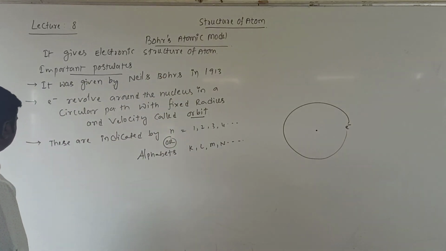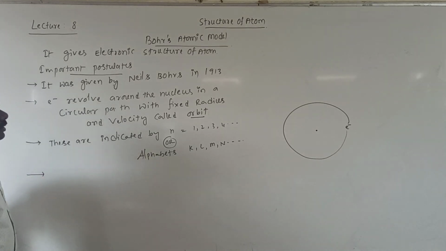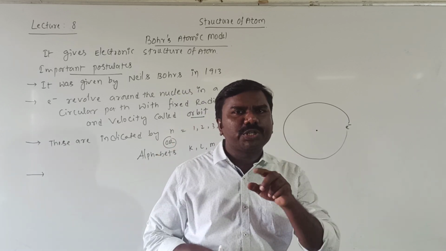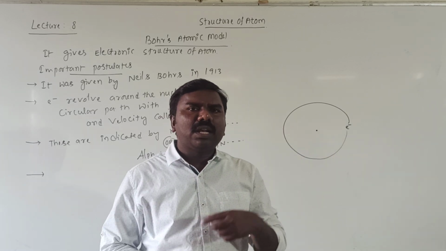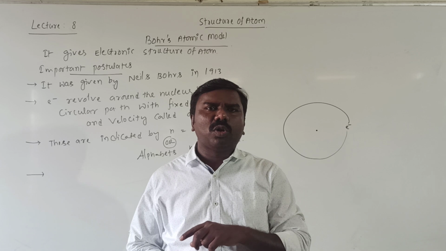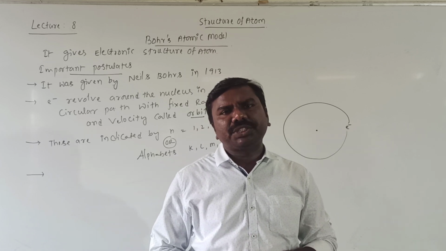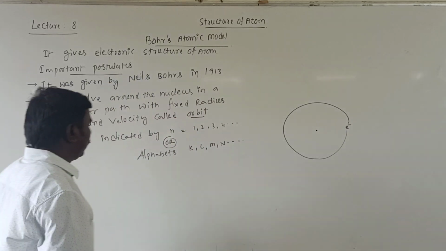Now, if the electron revolves in a fixed path, not jumping from one to another, energy is neither absorbed nor released. Such orbits are named stationary orbits.